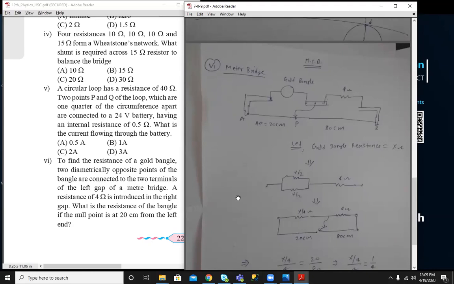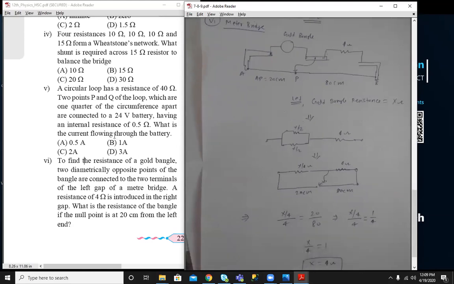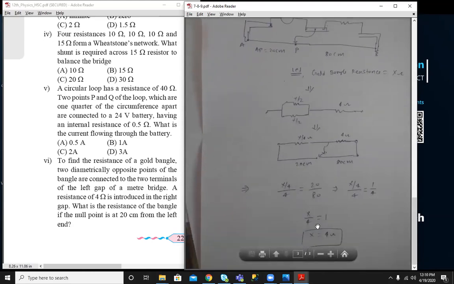So x by 4 is the left resistance, the right hand resistance is 4 ohm, and the distances are 20 and 80. What is the formula? X by R equals Lx upon Ly. As we saw already in the meter bridge, left gap resistance upon right gap resistance equals left hand side distance upon right hand side distance. Just putting the values, we get x as 4 ohm.